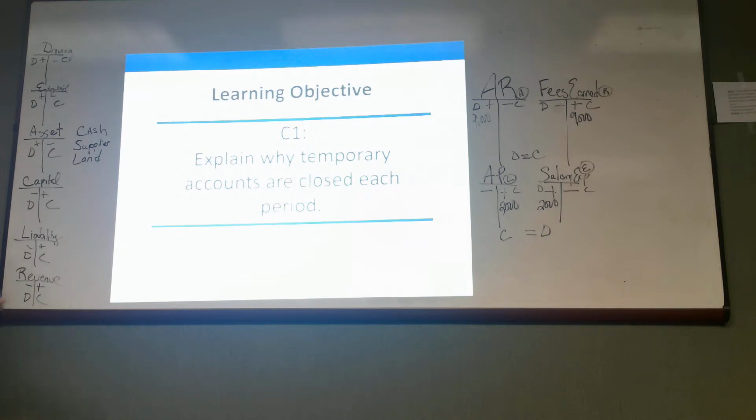At the end of the year, if my balance in cash on December 31st was $7,892, what's my balance in cash on January 1st? Same thing, $7,892. Let's just say 8,000.